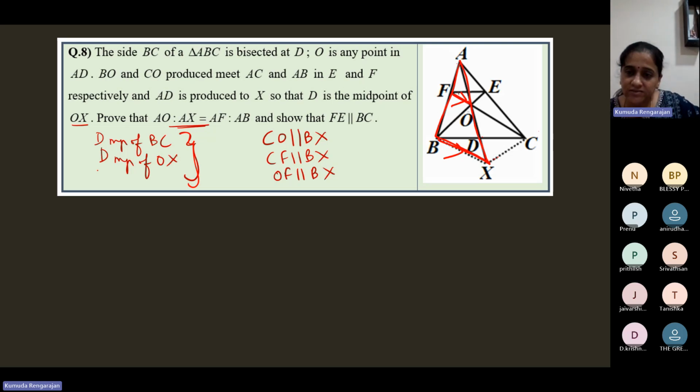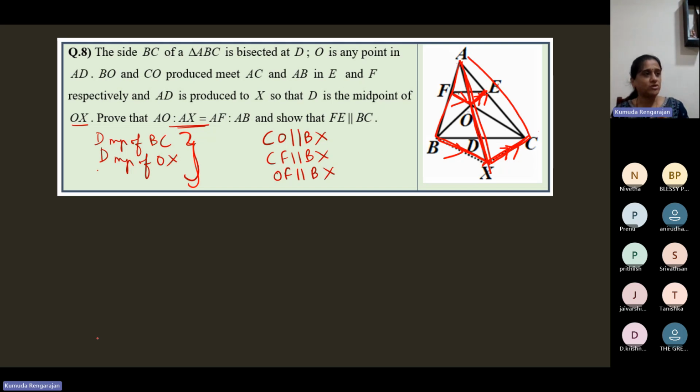Similarly, CX is parallel to BO. Don't take that BO. Take OE because it's BO produced, right? So OE is parallel to XC. And that is in which triangle? In triangle AXC. Now, these two triangles, don't you think they have AX as a common side?